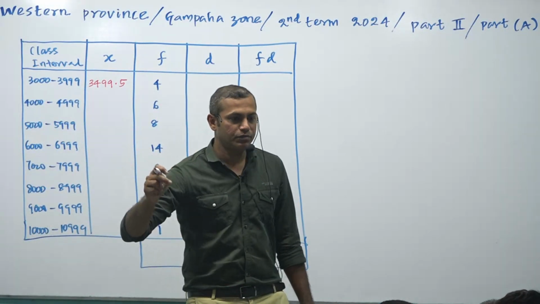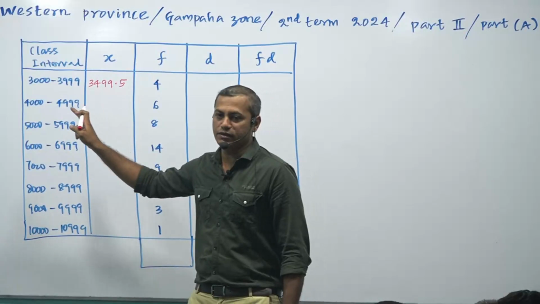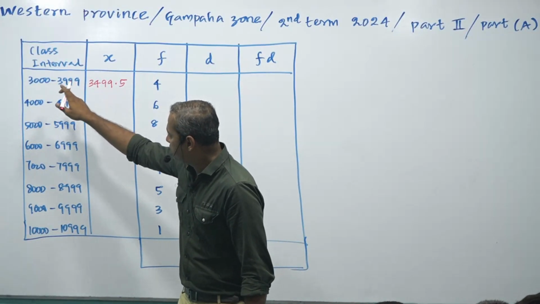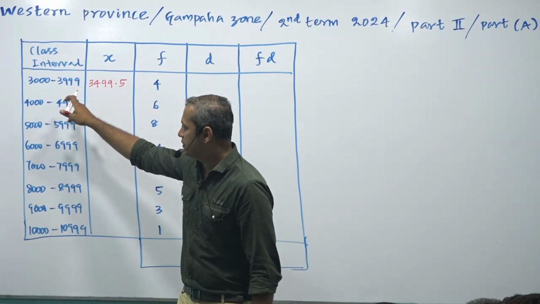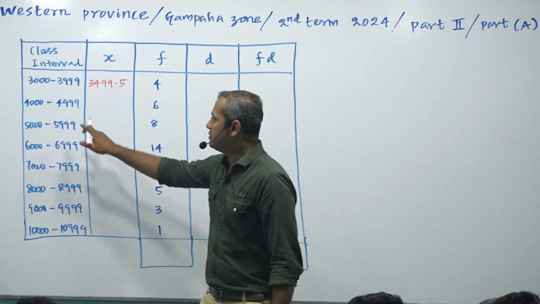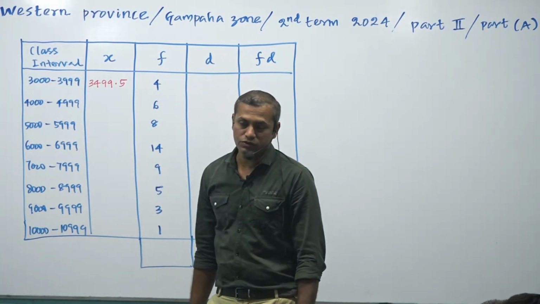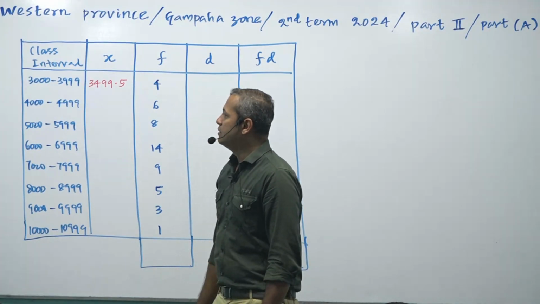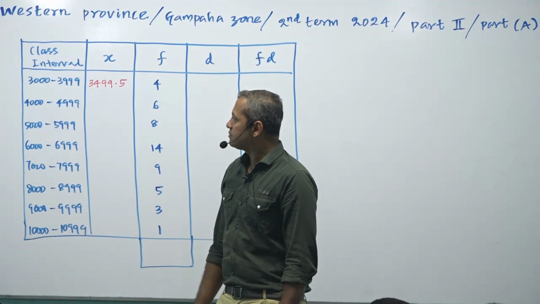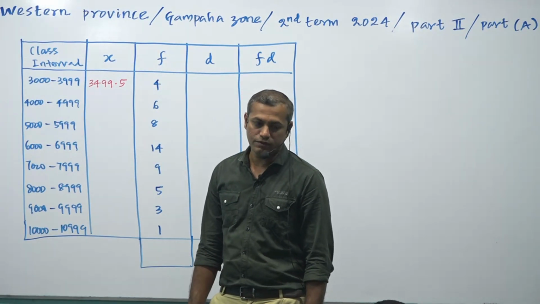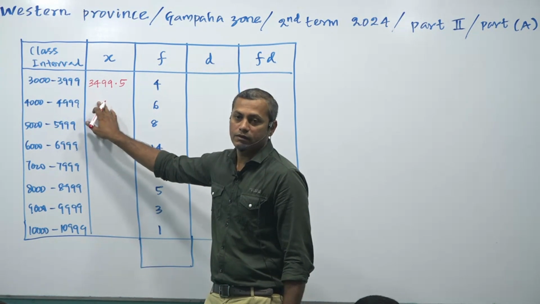Add the lower limit and the upper limit of the class interval and then divide by 2. Lower limit 3000, upper limit 3999. So 6999 divided by 2, you get 3499.5.